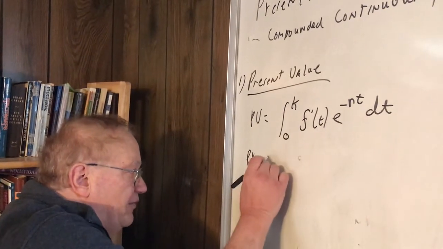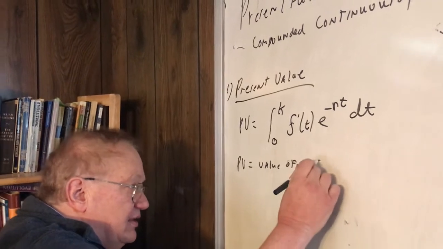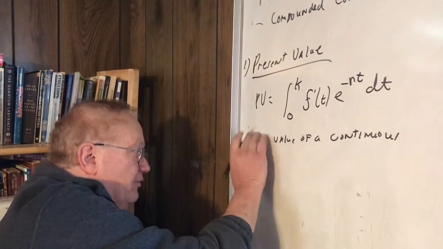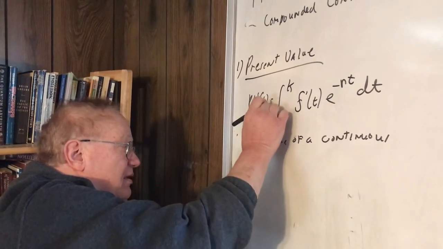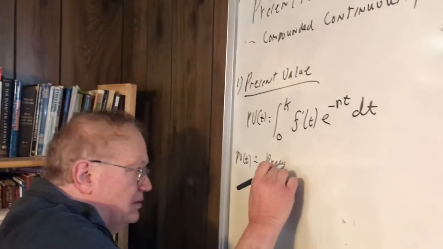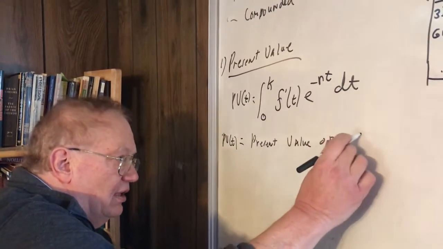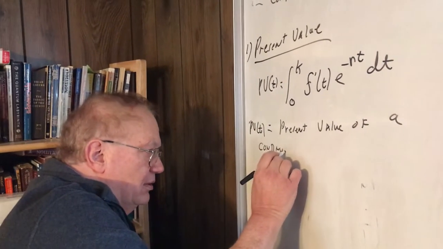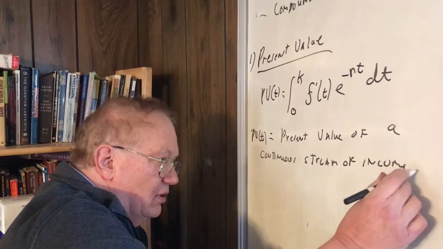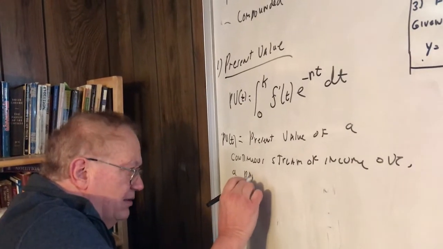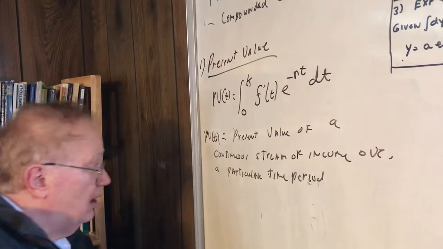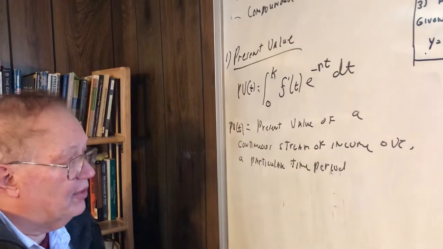So present value is the value of a continuous stream of income over a particular time period. PV of T is really what you have; I tend to leave out the T. In other words, the income that I'm going to make in 10 years from now, what's it going to be worth today?